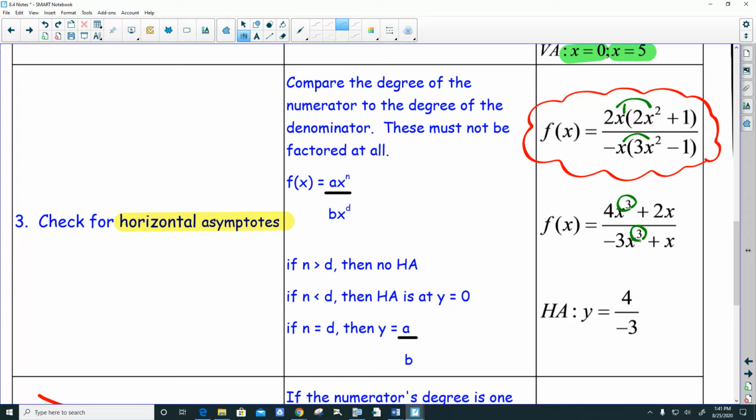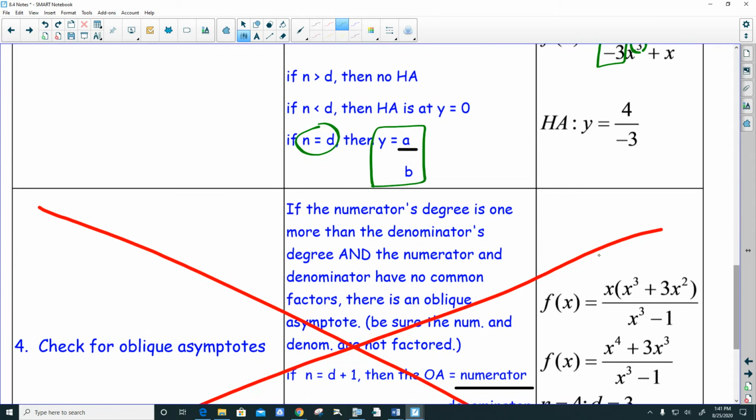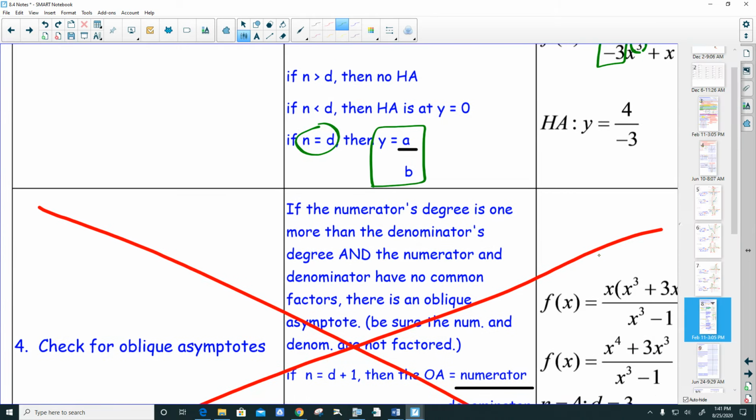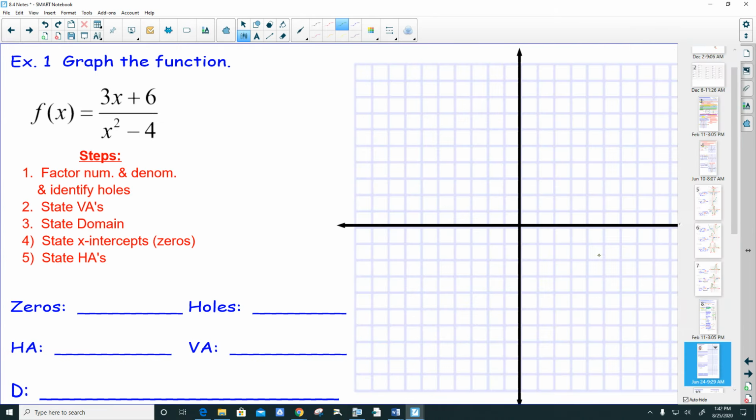If you recall that chart, it said if the 2 degrees are equal to each other, that's when we are making a fraction out of the lead coefficients. And the lead coefficients were even a little bit hard to detect from the original problem, but if you multiply it together, you can see the lead coefficient of the numerator is a 4, and the lead coefficient of the denominator is a -3.